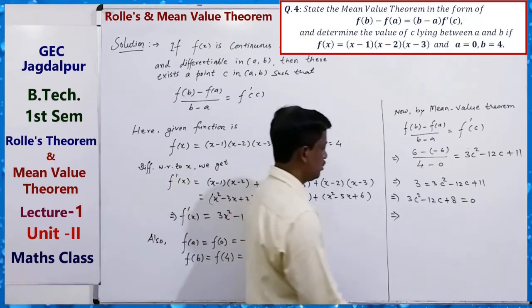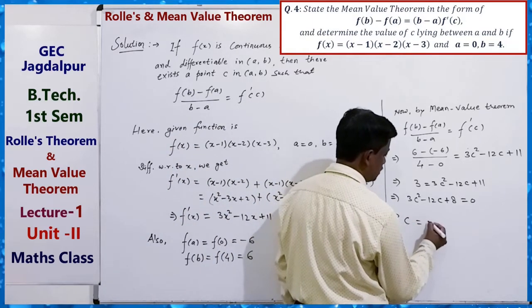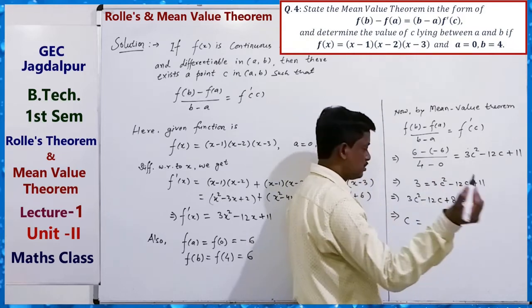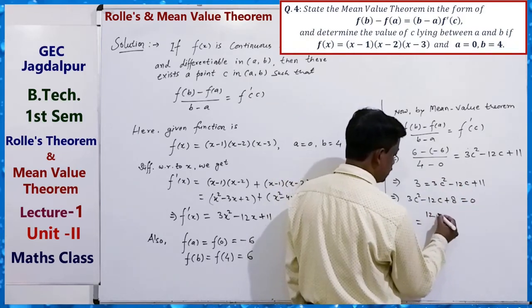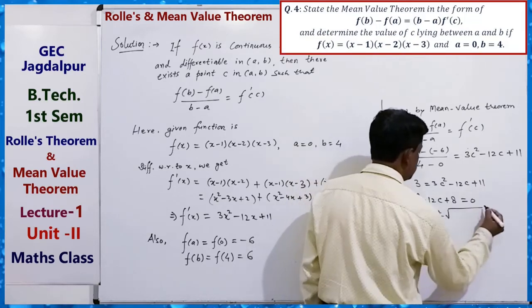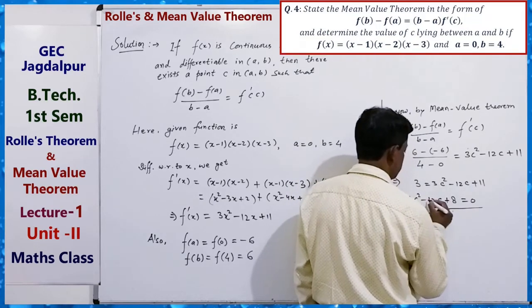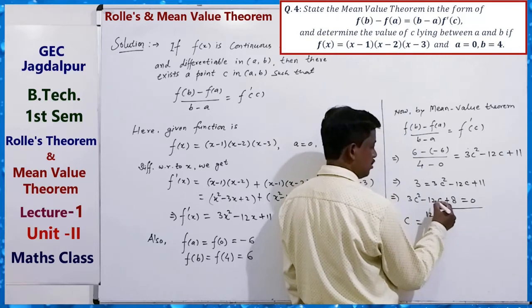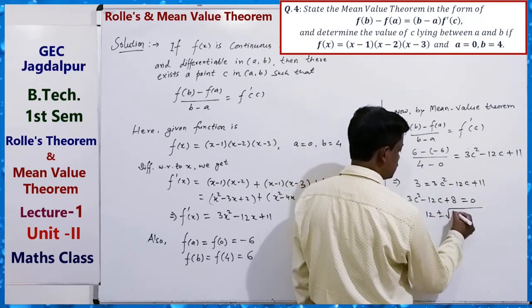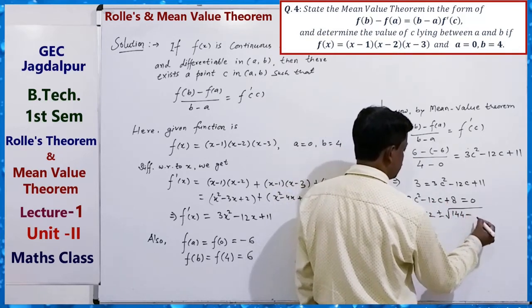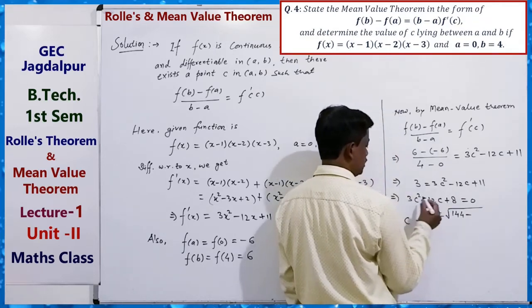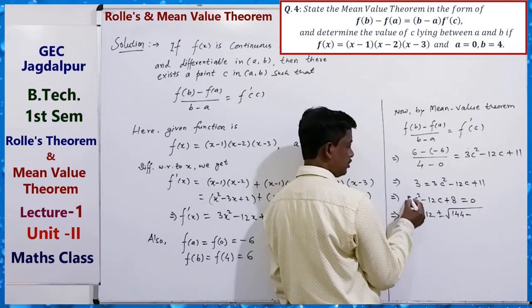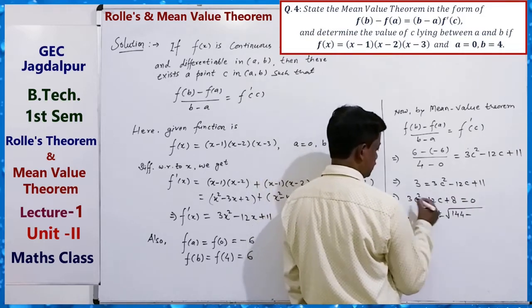Solve this quadratic equation using minus b plus or minus root of b square minus 4ac, by 2a. Minus b means 12, plus or minus root of b square, that is 144, minus 4 into a into c, that is 4 into 3 into 8.